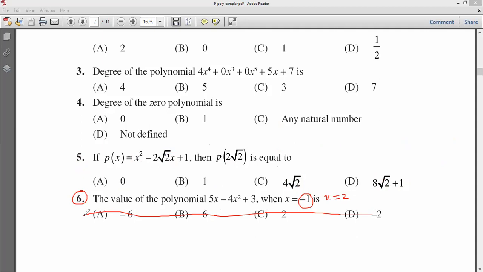I want the answer from Dilisha. Dilisha, when x equals 2, what will you get as the value of this polynomial? Dilisha will answer. Dilisha, can you hear me? Rohan, please tell me the answer.